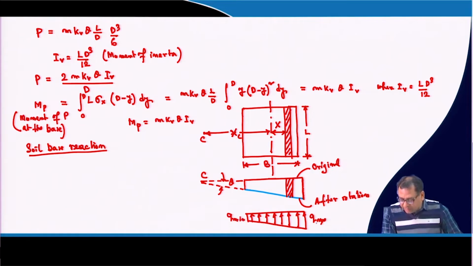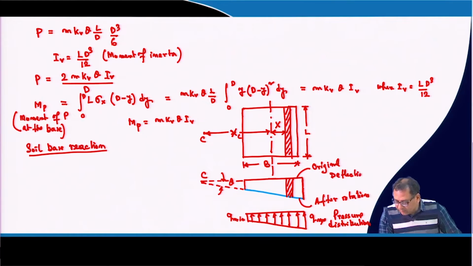So, this is Q max, this will be Q min. This is the pressure distribution at the base, and this is the deflection at the base. This is the base cross section.